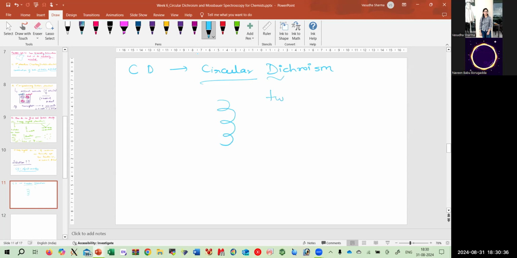Di means two, and chroism means colors, or colors are referred to the absorbance. So one particular wavelength absorbance would give you one particular color. This circular dichroism would really help to identify alpha helix, beta sheet, and random coil. How? We will just check it out now.